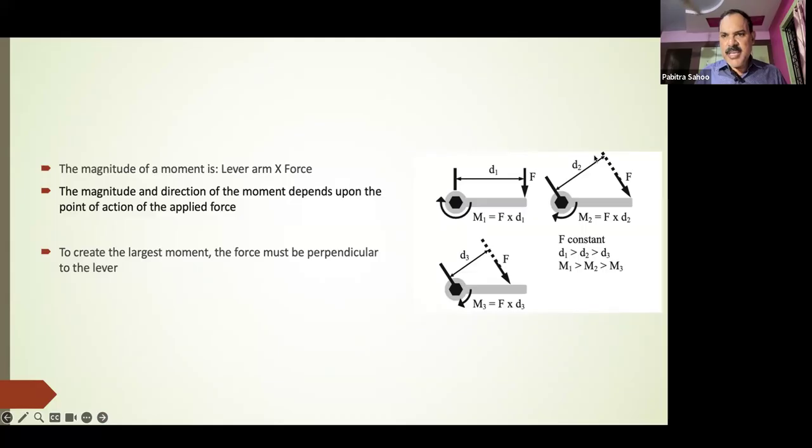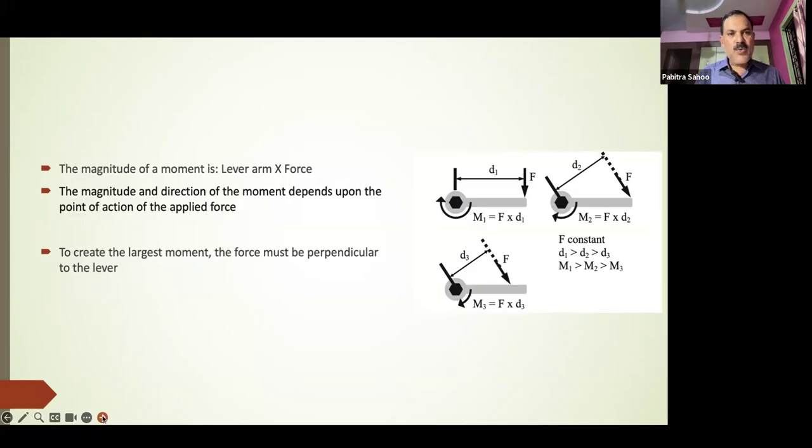But with the same effort arm, if the force is oblique and not perpendicular, it reduces the torque. If the effort arm is reduced and the force is falling in an oblique manner, not at 90 degrees, the torque is further reduced. So all these biomechanical changes happen in the human body during different motions around different joints of our body.